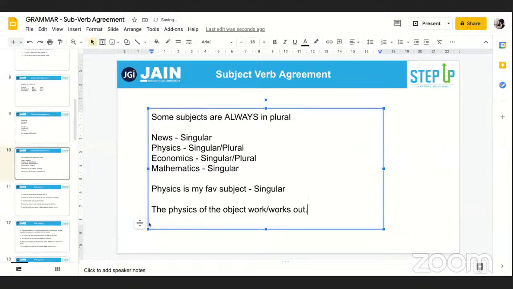So here, the answer would be workout. The physics of the subject works out. Here, we take this as workout.